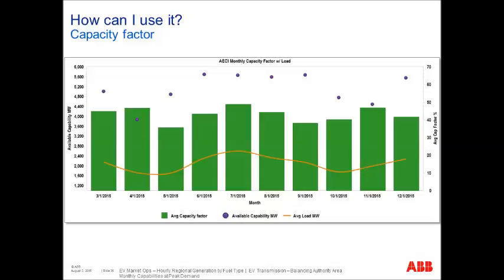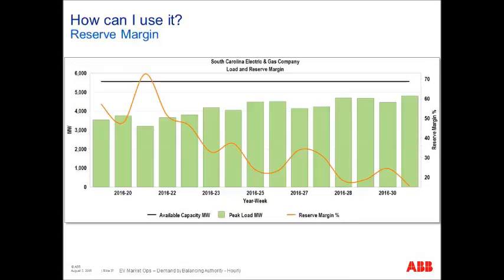Most notably are going to be the weather when it comes to wind and solar and even hydro. The other is outages, right? We'll get into an example of an outage a little bit later when we start talking about Palo Verde, but outages and the availability of capacity can have a large impact on what your available capacity for a region is, and as a result, what your capacity factor is going to be when you calculate it out.